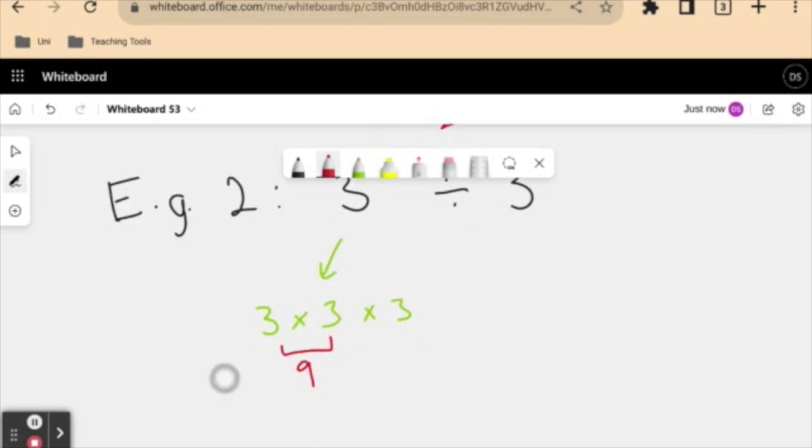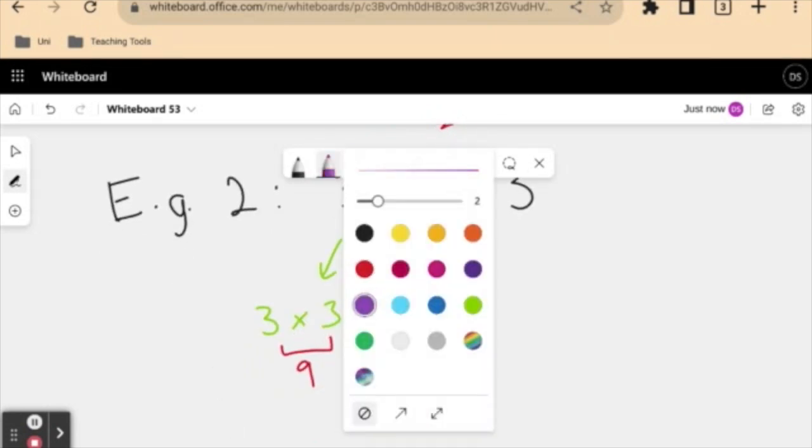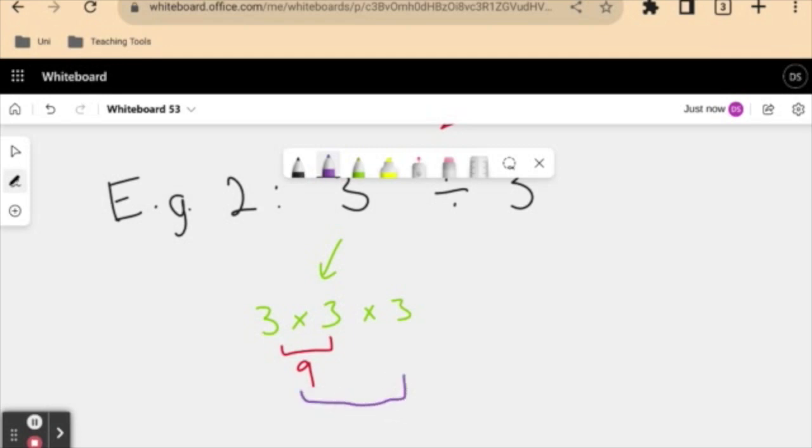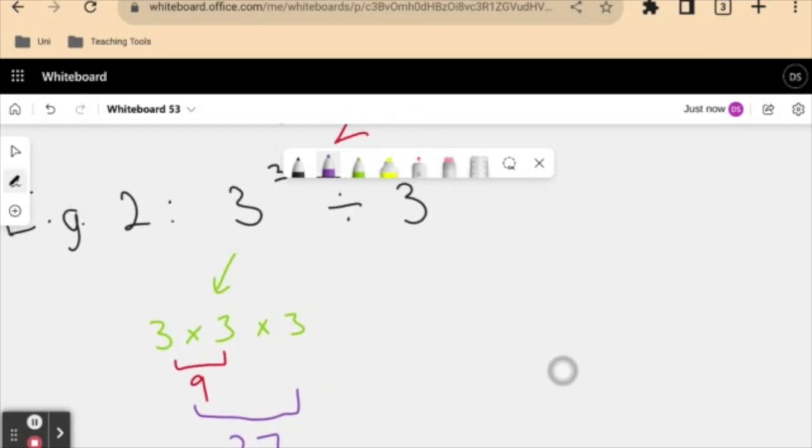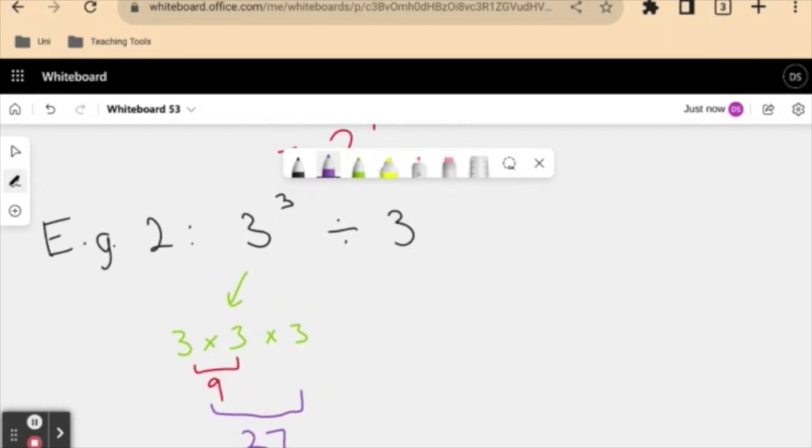And then 9 multiplying by 3, we get 27. In essence, once we do the actual arithmetic on 3 cubed, we get 27. We get 27 divided by 3. And we know that this gives us 9.